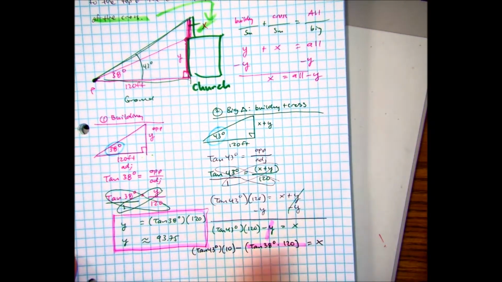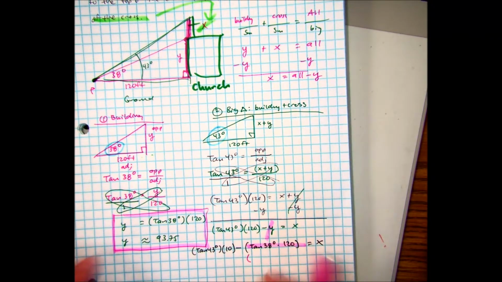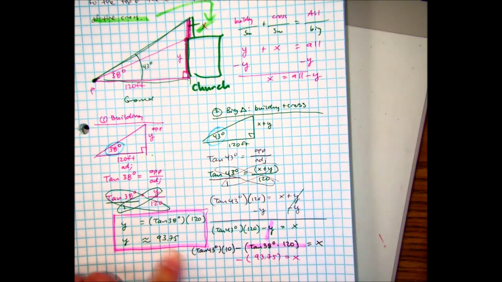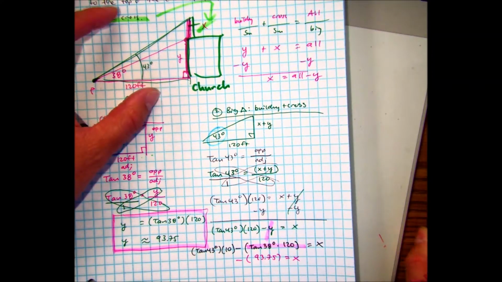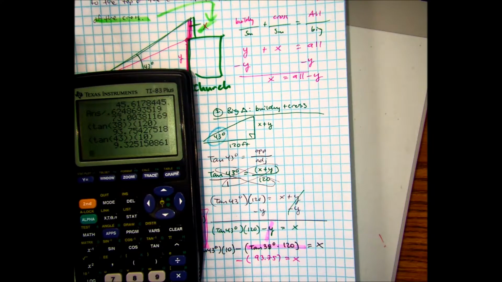So here's my calculator-ready equation. If you want to do it by parts, we already found tangent of 38 times 120, which is 93.75. And we can go ahead and put in our calculators tangent of 43 times 120. I get 9.33.